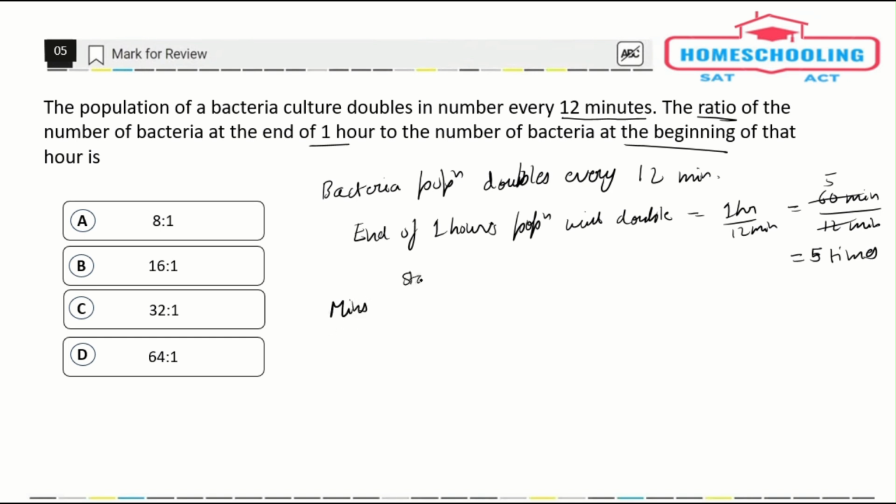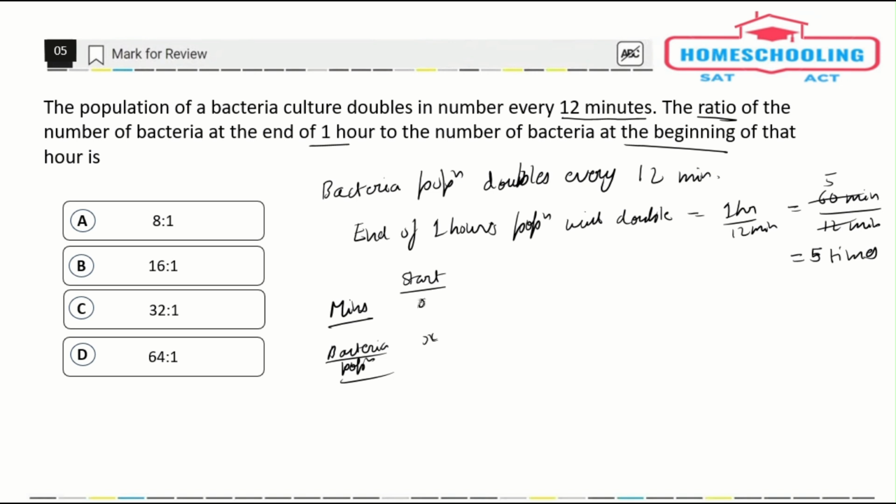So let's keep minutes here, and let's say it starts at 0 minutes. Let's say the bacteria population when it started was X. The population doubles every 12 minutes.